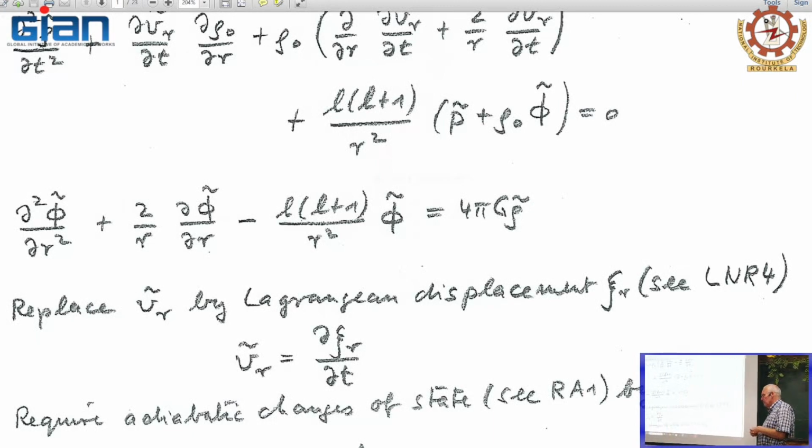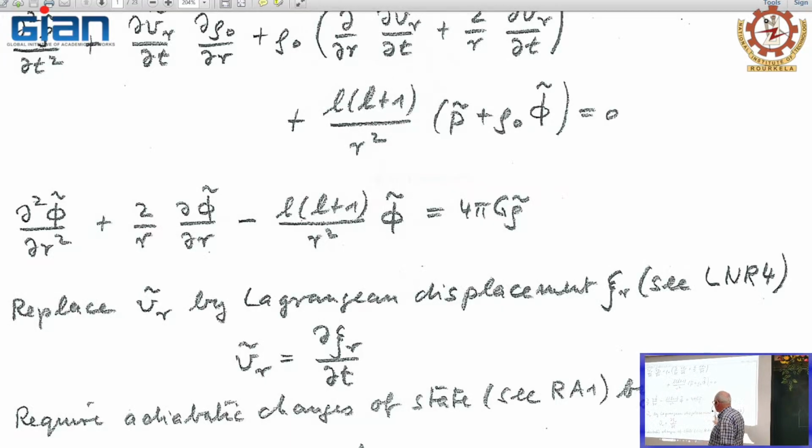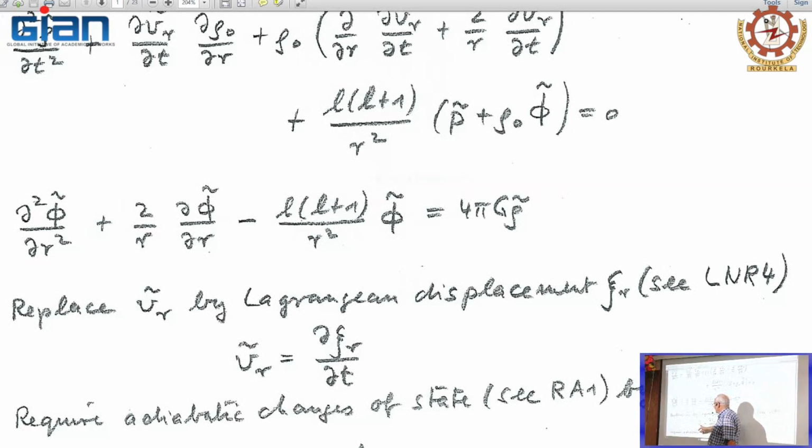Okay, now the aim for the first half of this lecture will be to get to the standardized form of the non-radial adiabatic equations. And to arrive at these equations, we replace the Eulerian velocity perturbation by the Lagrangian displacement psi r, of course only the radial component, and the relation between the Eulerian velocity perturbation and the displacement is given by this equation.